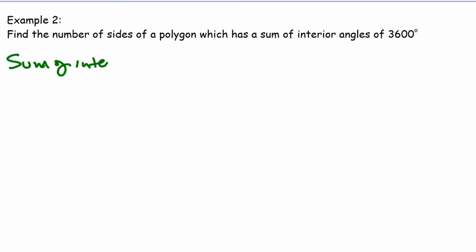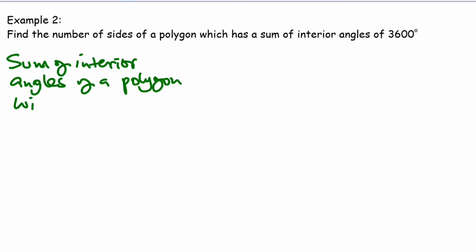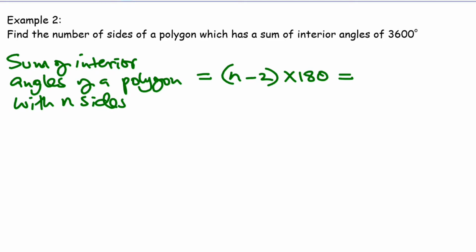Sum of interior angles of a polygon with n sides is equal to n minus 2 multiplied by 180. But in this case, we have the sum, and the sum is 3600. So we are trying to find n, okay? We are trying to find the number of sides. We don't know what n is.